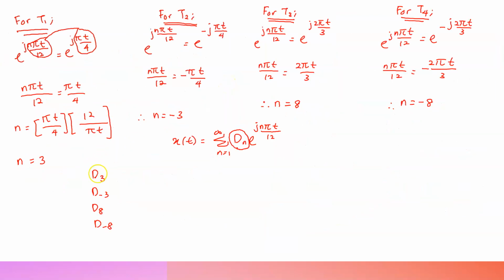Therefore, d3 equals 1, d minus 3 also equals 1, d8 equals 3 over 2j, because you obtain n equals 8 from T3. And d minus 8 is obtained from T4, where the multiplier is minus 3 over 2j.